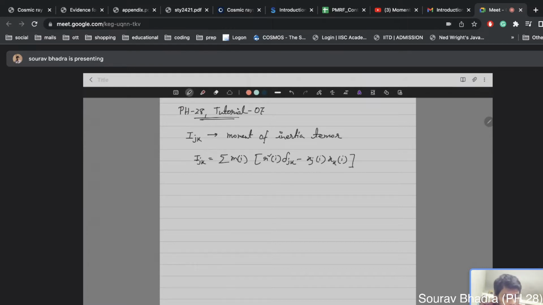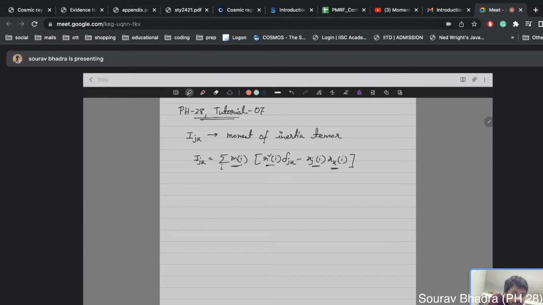I have explicitly written the i with every term, like mass, distance, x_j, x_k, to give you the idea that it is summed over all i, where i is the number of particles in a rigid body. A rigid body is a combination of many particles, so we will consider every particle.